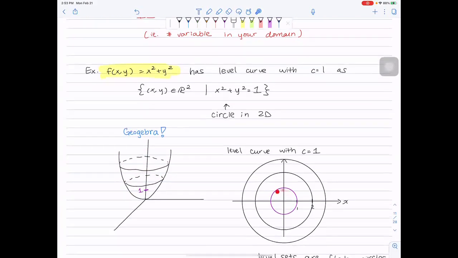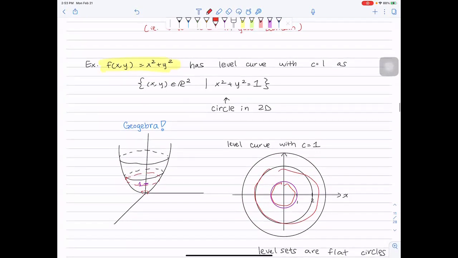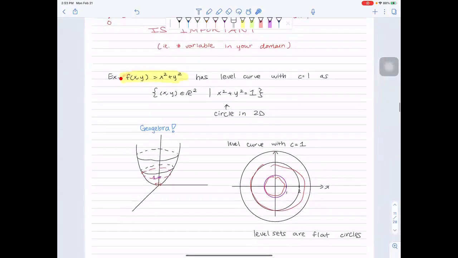You end up getting these circles in 2D because you can picture this small circle part that gives you this when you project it down. The larger circle would give you the second circle when you project it down, and so on and so forth. So this graph has a level curve that is a circle in 2D. Yes.